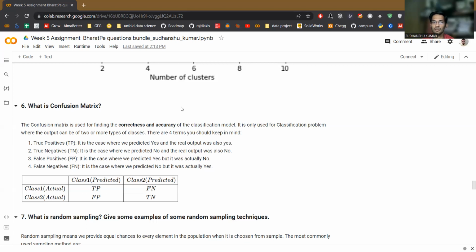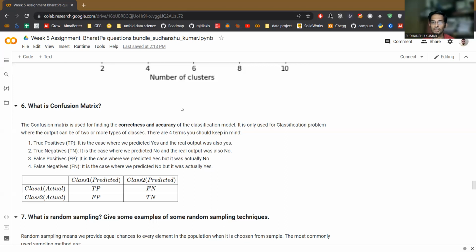If the predicted value is false and the real output is also false, then it is called true negative. If the predicted value is true and the actual output is false, then it is called false positive. And if the predicted value is false but the actual output is true, then it is called false negative.